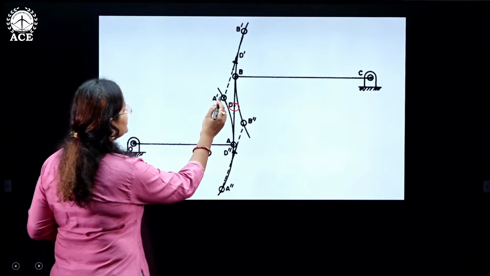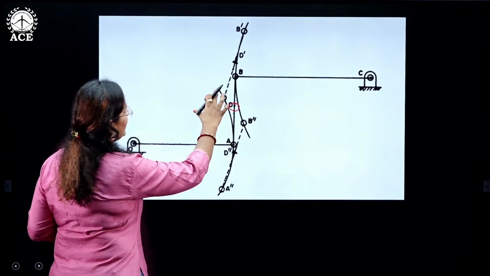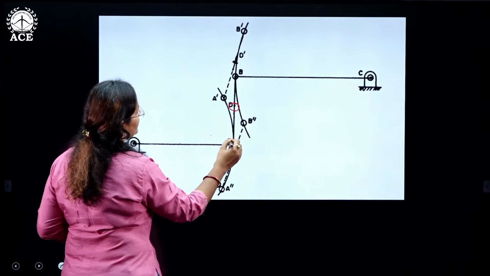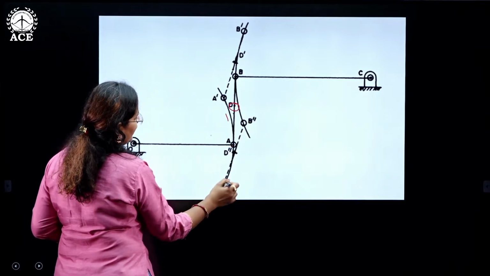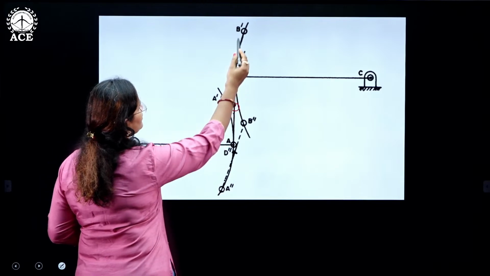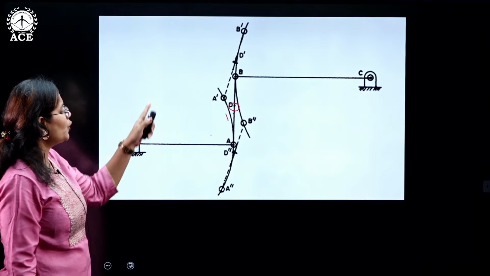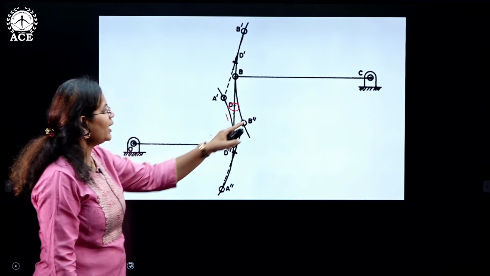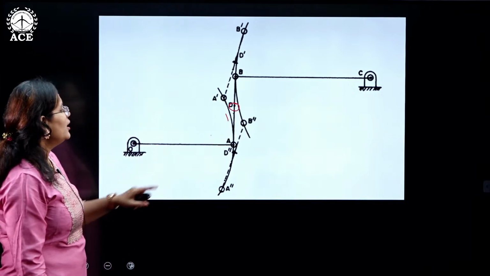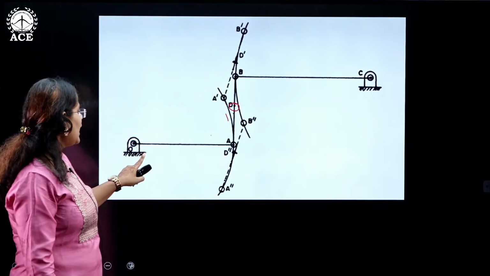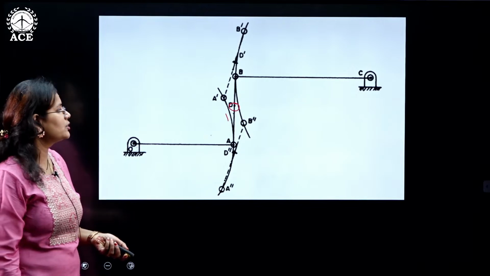So whenever you are tracing, the link is oscillating like this and like this over here and here. See, A reaches A dash and then A double dash. B reaches B dash and B double dash. So that is nothing but the path of those particular links, OA and BC. Okay. So at the mean position, always observe that the 2 links BC and OA are parallel to each other.